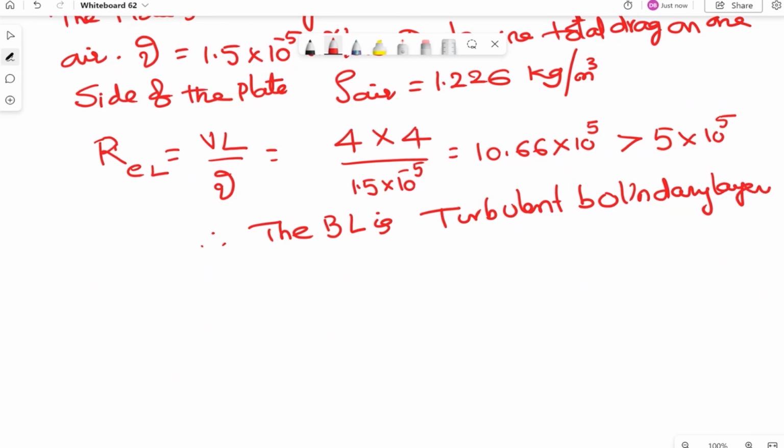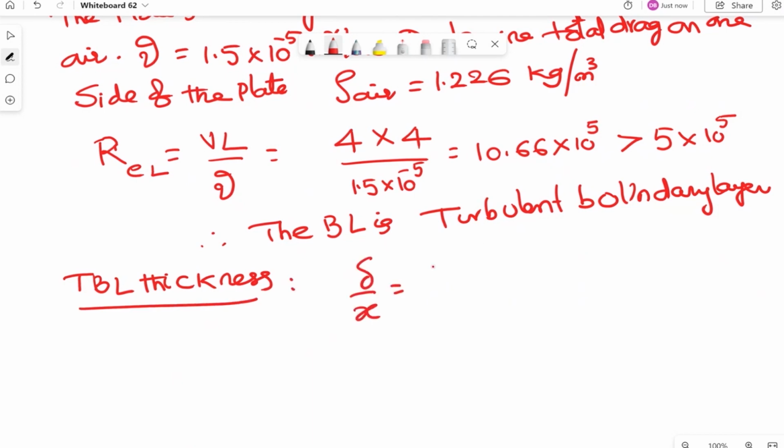So once the turbulent boundary layer is formed, for finding the boundary layer thickness, what is the formula for the turbulent boundary layer thickness? Delta by x is equal to 0.376 divided by Re_x to the power of 1 by 5.